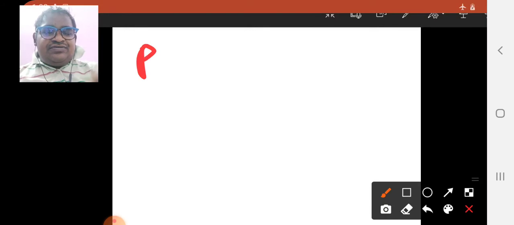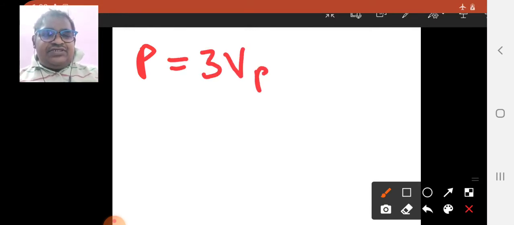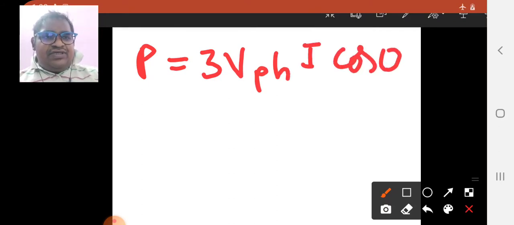This is also a problem where we need to find the value of the distance only, distance in the sense of length only. We proceed by the same process, but here it is three phase. First, P is equal to 3 V phase I cos phi.